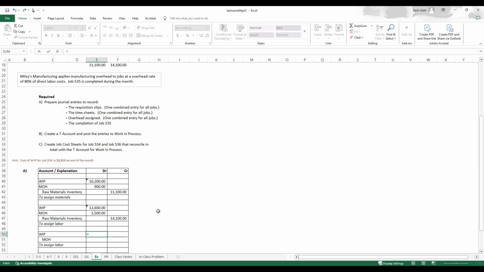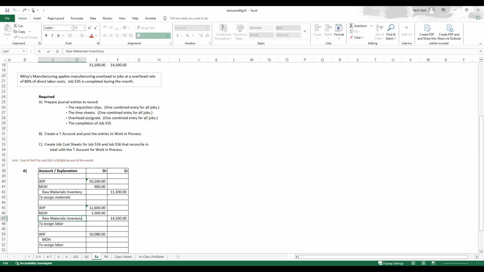So we're going to go equals 80% or 0.8. Sometimes I like to just write it out because it makes me comfortable that I did it right. So I'm going to do 80% times our direct labor, which was here. Oh, I see one little mistake I made too, so I'll fix that in a sec. 10,080.